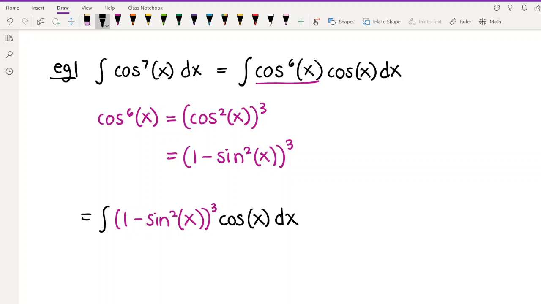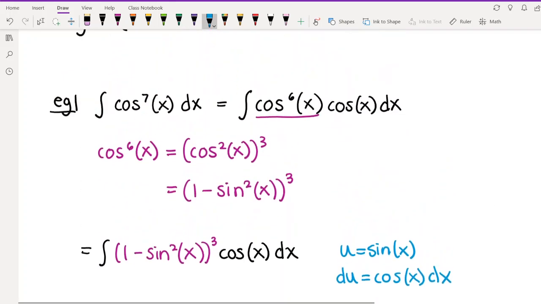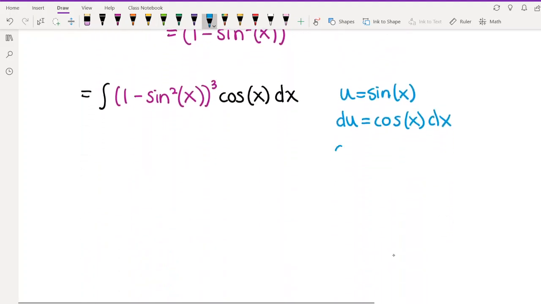And then from here, again, you would just use the same substitution. So u is equal to sine of x, du is equal to cosine of x dx. Du over cosine of x is equal to dx.